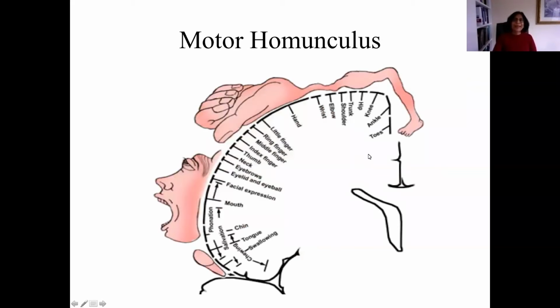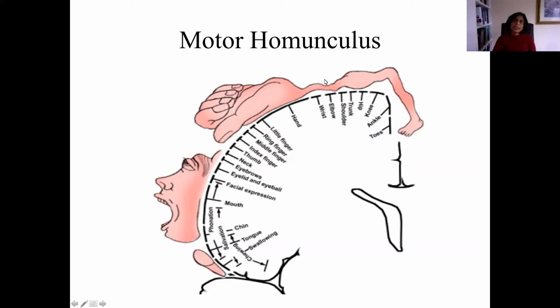Okay, here is our mapping of the primary motor cortex. What you see here is graded motor units in a certain part of the body, graded area that would be allocated to that particular part. Because your hand is more mobile compared to the trunk.